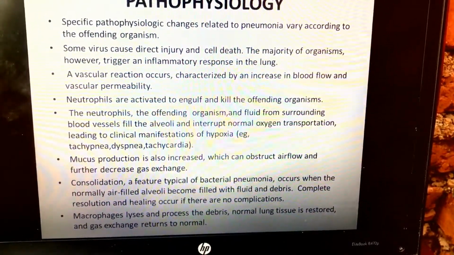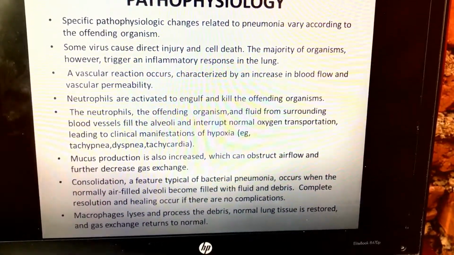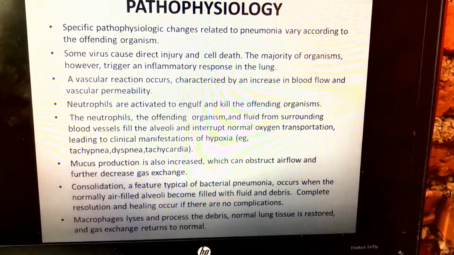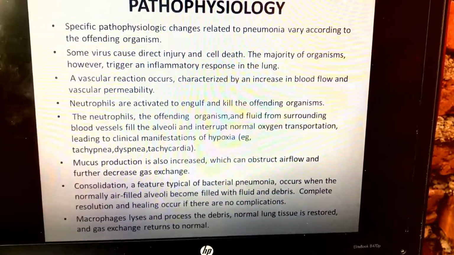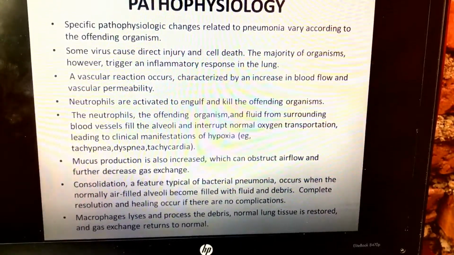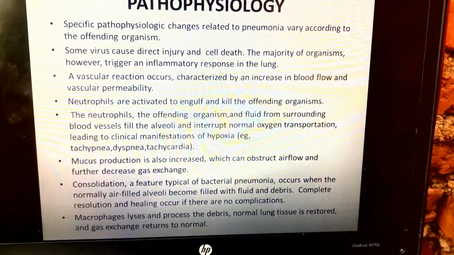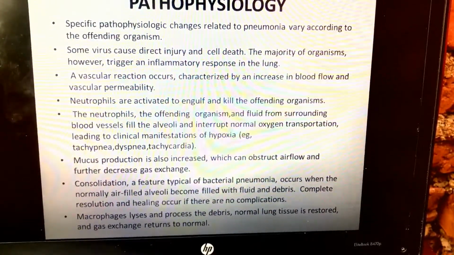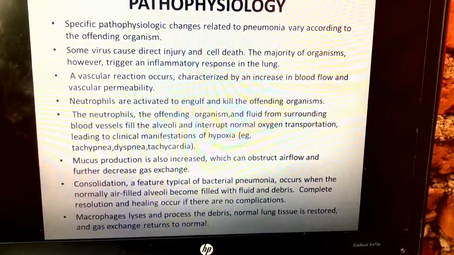We will see tachypnea, dyspnea, and tachycardia. Mucus production is also increased, which can obstruct airflow and further decrease gas exchange. Consolidation, a feature typical of bacterial pneumonia, occurs when the normally air-filled alveoli become filled with fluids and debris.